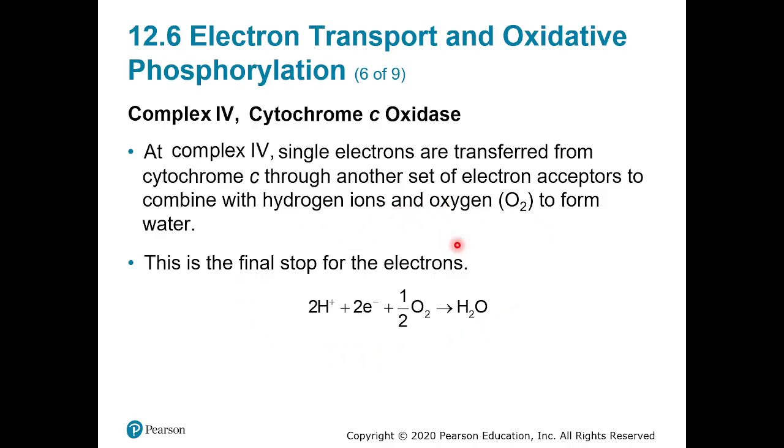The overall reaction and final step for those electrons is 2 H+ plus 2 electrons plus 1/2 O2 gives us H2O. This is where we finally use up that oxygen and the last of the energy from those electrons.